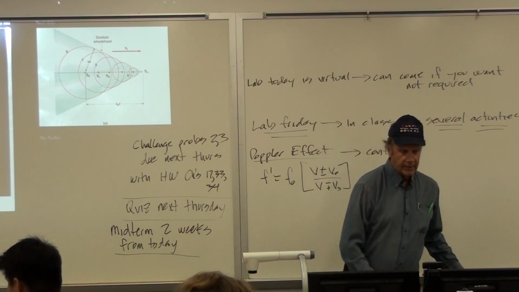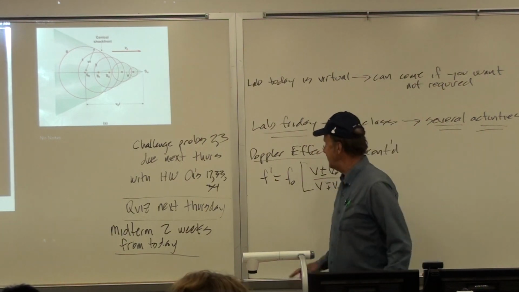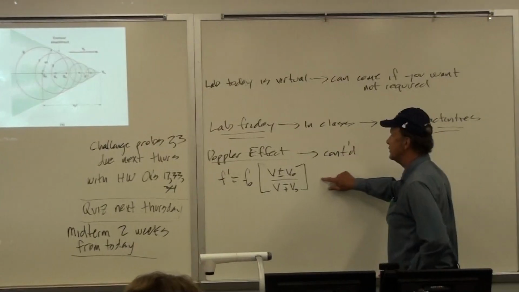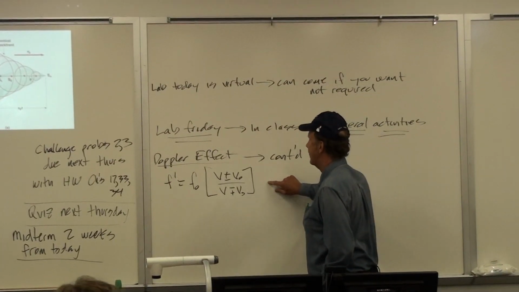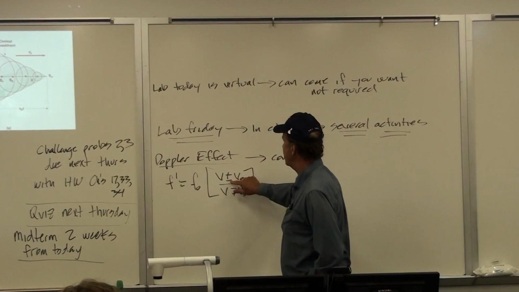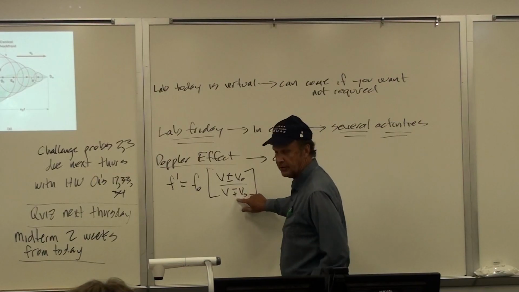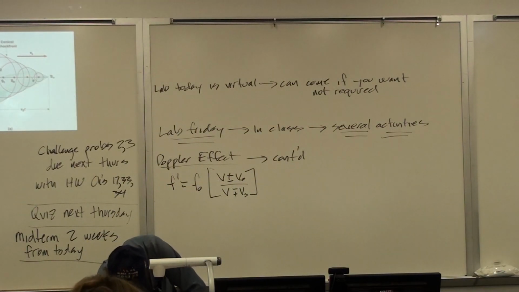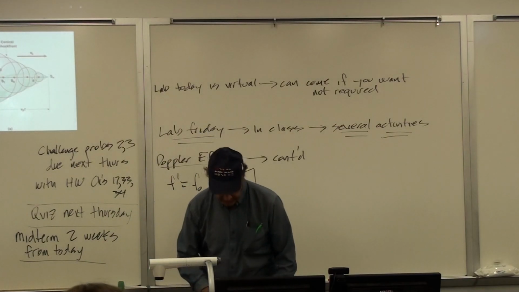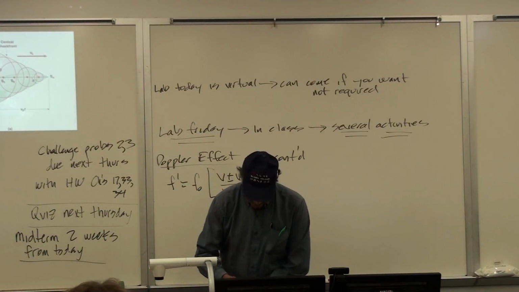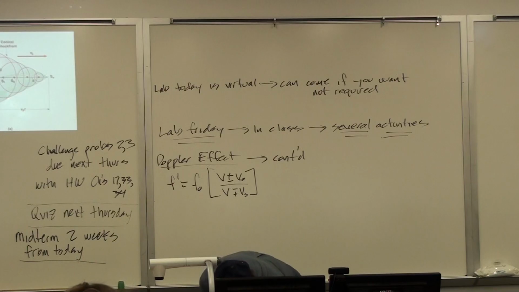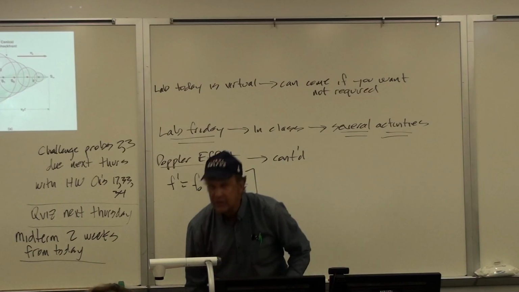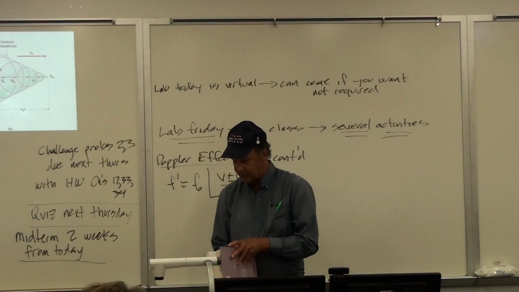Okay, so a couple of things from last time. We derived this expression for the Doppler effect. Remember that we used the top sign for relative motion toward and the bottom sign for relative motion away. And so I just wanted to look at one more example of that, which, at the end of class last time, we looked at a case where we had a moving source and a moving observer.